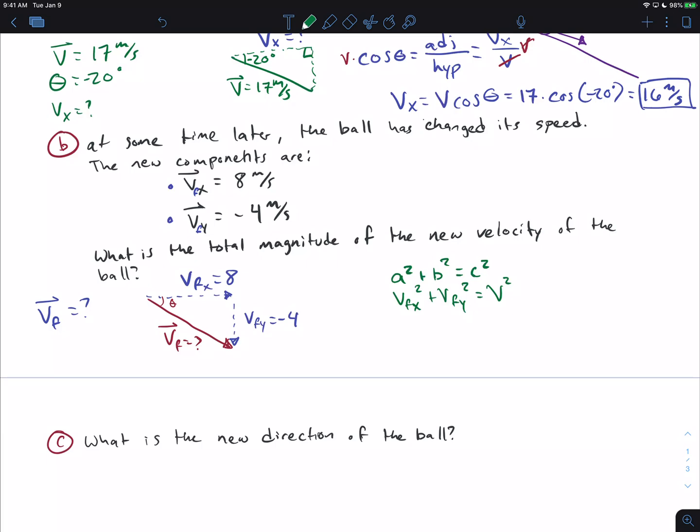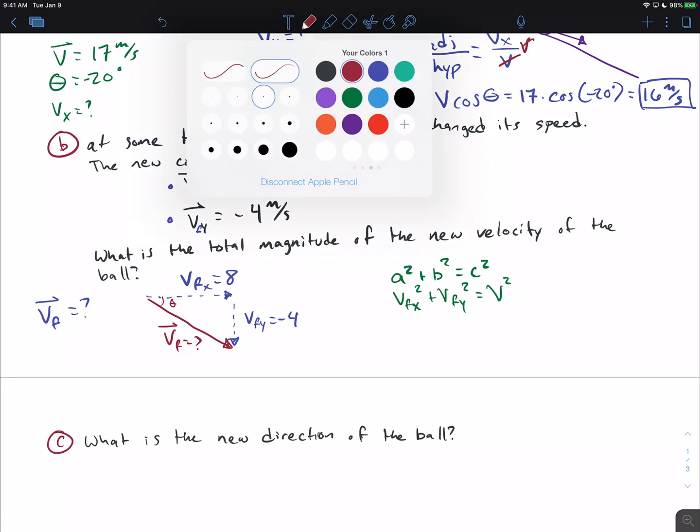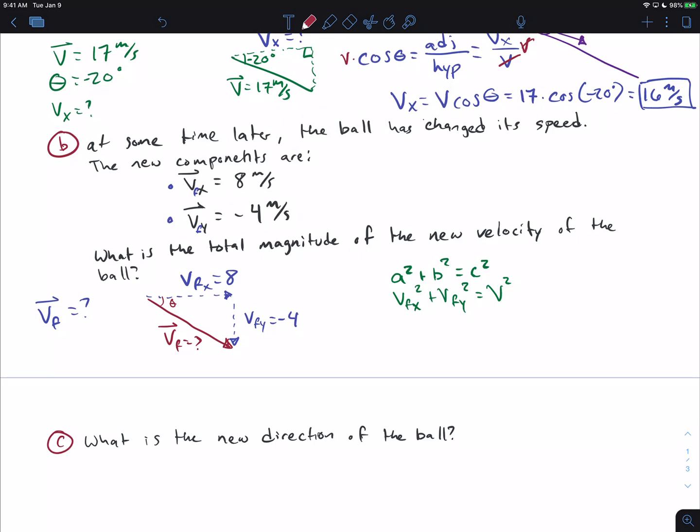So again, all I need to do here is plug in the values that I have for my x component and my y component, and I can use that to find v. But v is not quite by itself, right? We have this little square, we've got to get rid of it. So before you do this, we square root both sides in order to cancel that square. So now we'll end up with v is equal to the square root of vx squared plus vy squared.